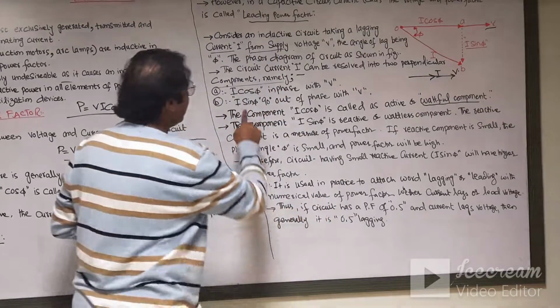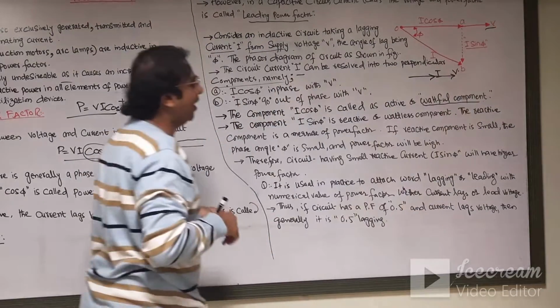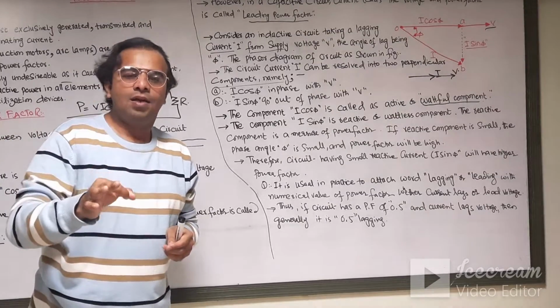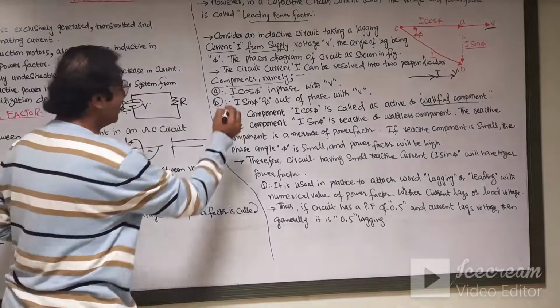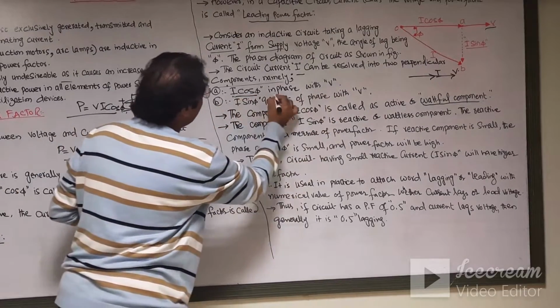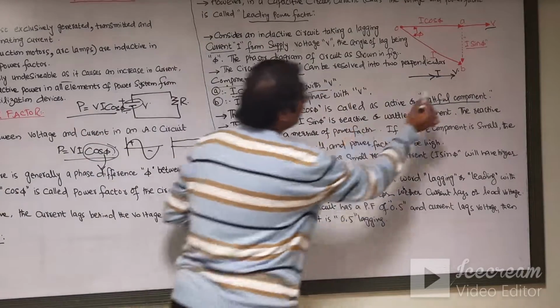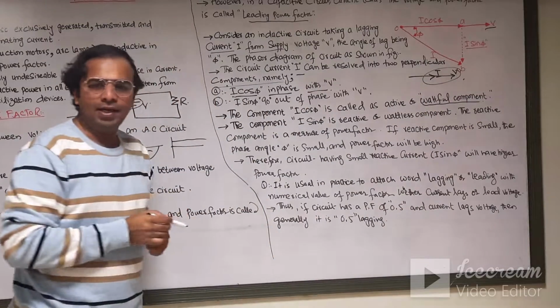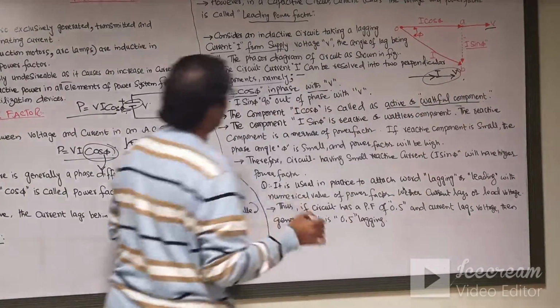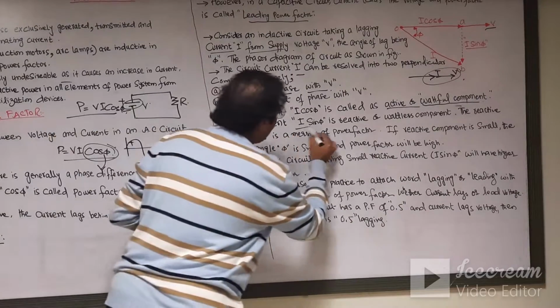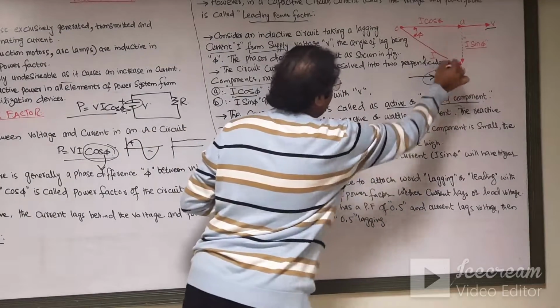And the second is I sine phi, which is called the wattless component or the reactive component, as written over here. I cosine phi is in phase with the voltage, so this will be called our active or wattful component, and the component I sine phi over here, as you can see.